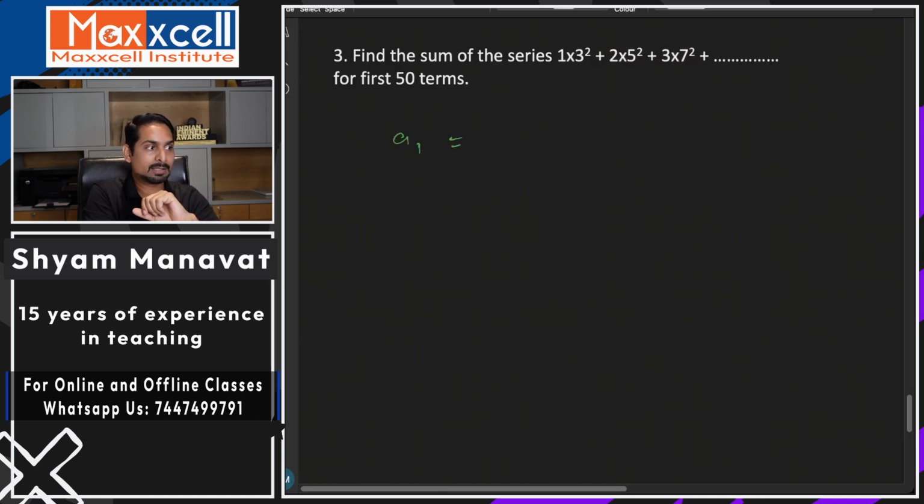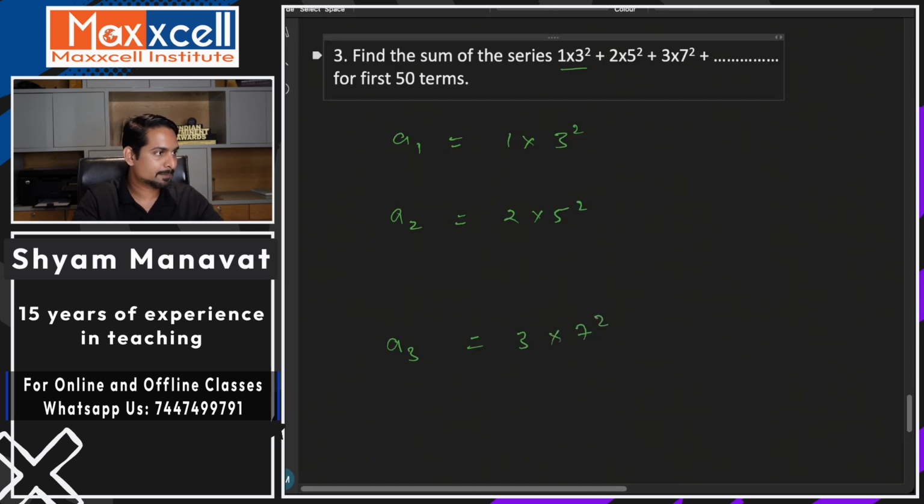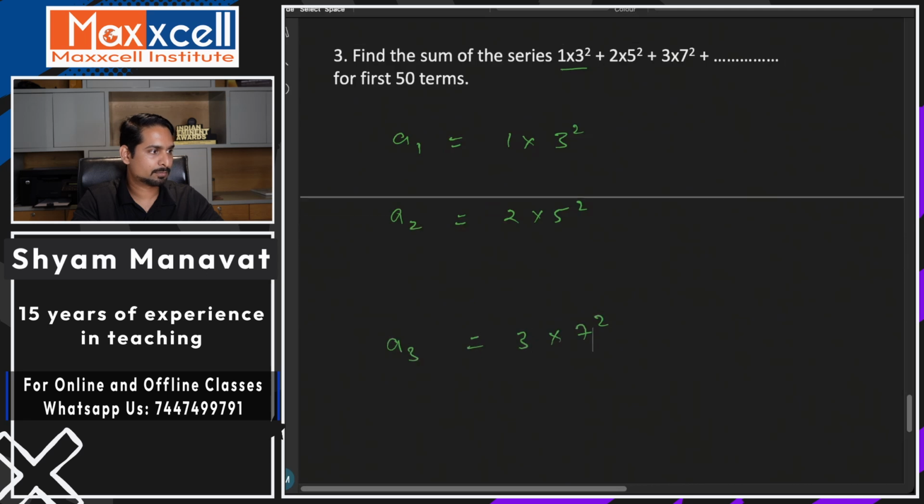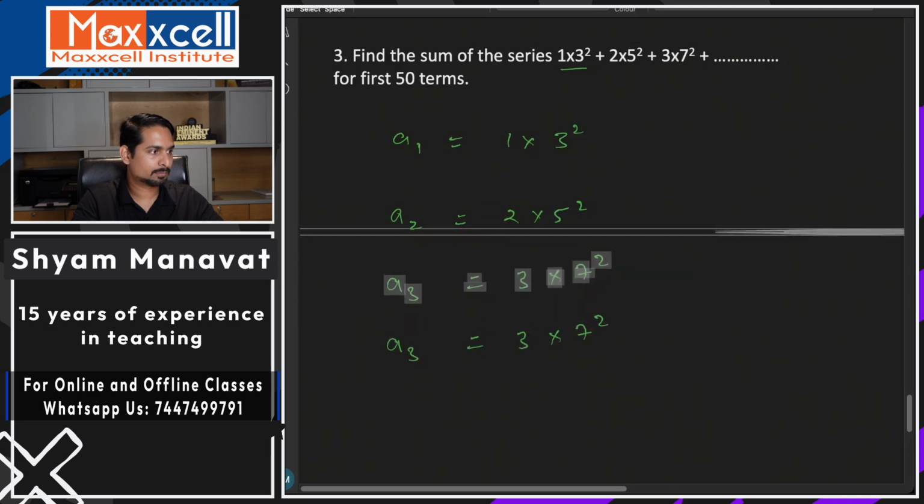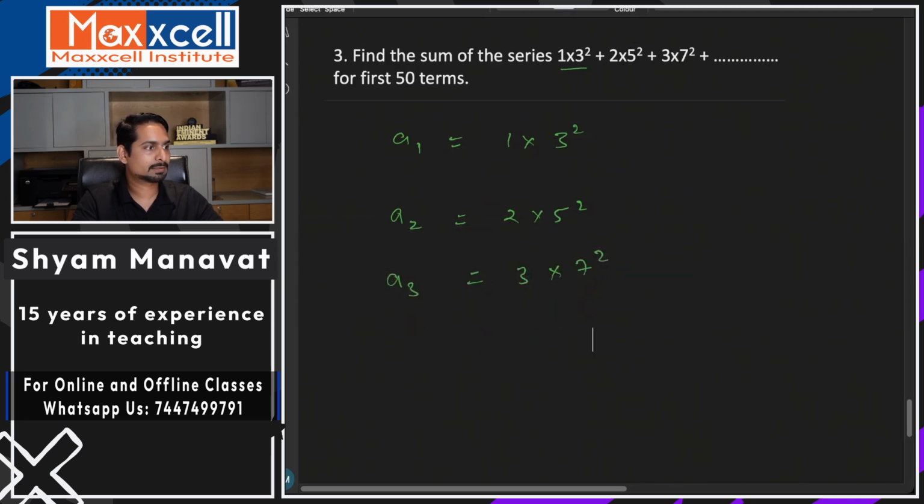So compare. The first term given here is what? 1 into 3 square. The second term given here is what? 2 into 5 square. The third term given here is what? 3 into 7 square. Are you understanding this?